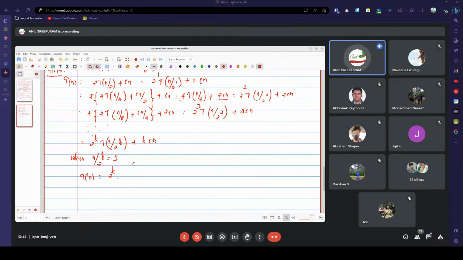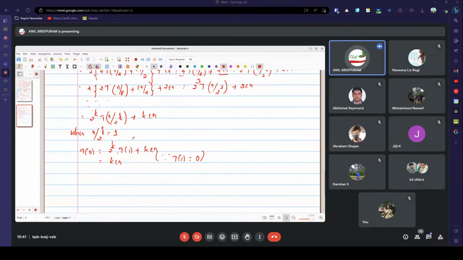We assume that n by 2 power k is 1. So this is 2 power k T(1) plus kCn. Now 2 power k into T(1) is 0, because T(1) is 0. So this is equal to kCn actually.